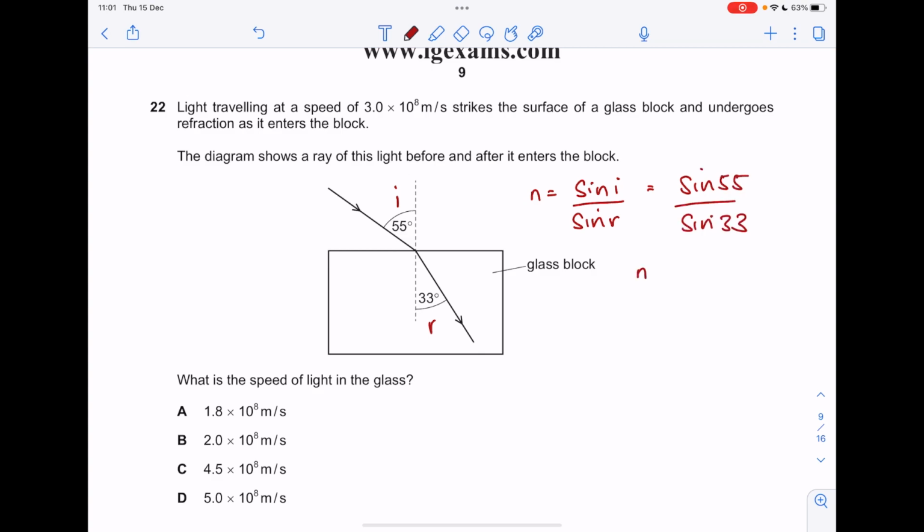So you'll get n, the refractive index, equaling 1.5. And that tells us that light is travelling 1.5 times faster in air compared with the glass. Remember, it always slows down as it enters a denser medium. So to work out the value of that speed in the glass, we do 3 times 10 to the 8 divided by 1.5 to get 2 times 10 to the 8.